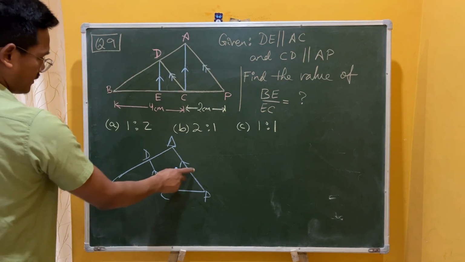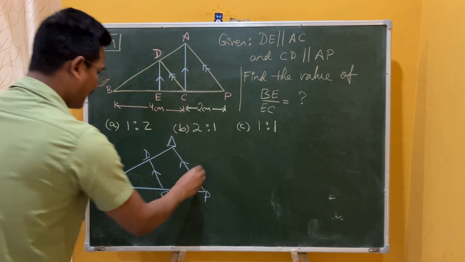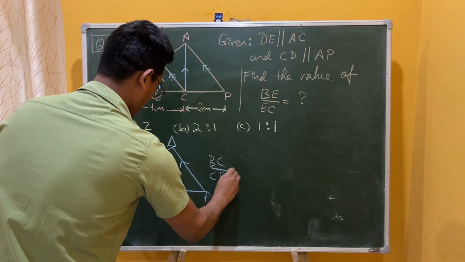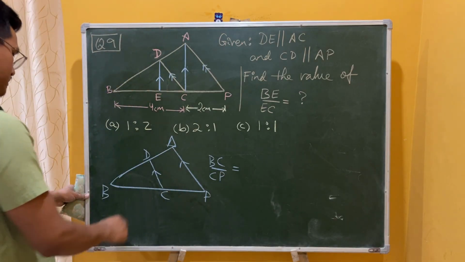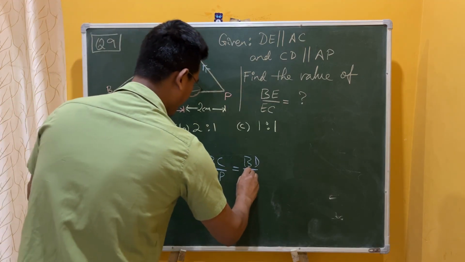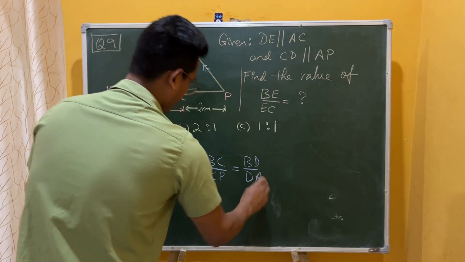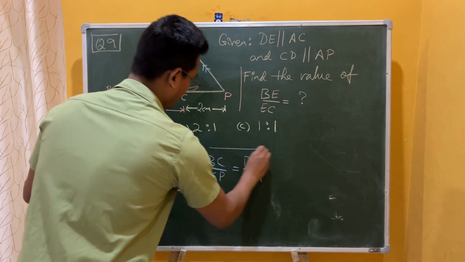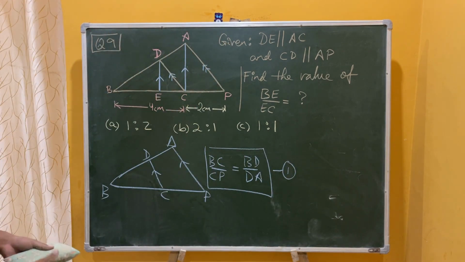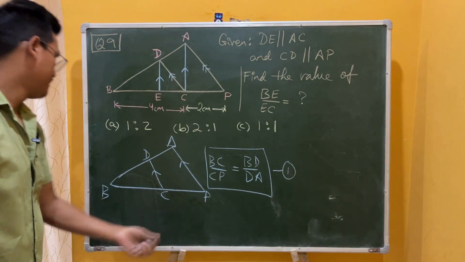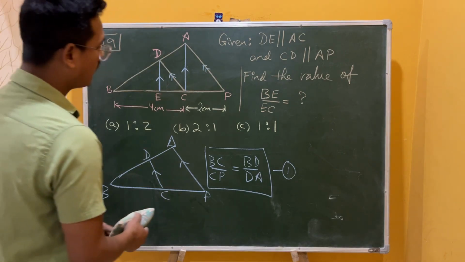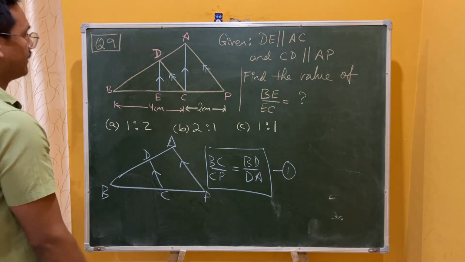Now since these two are parallel, so I can write BC upon CP equals BD upon DA or AD, right? Let's say this is 1. BC upon CP equals BA upon AD. Now let's consider another triangle.